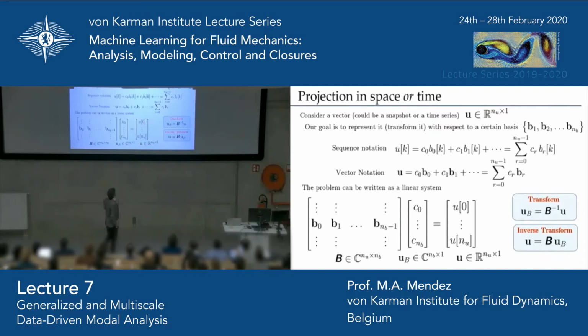And what we have written here, in fact, is what we call an inverse transform, which is just a matrix multiplication, okay? So notice that this matrix might not be a square matrix. So I might choose a number of basis elements which is not the same as the number of elements that I have in my vector.